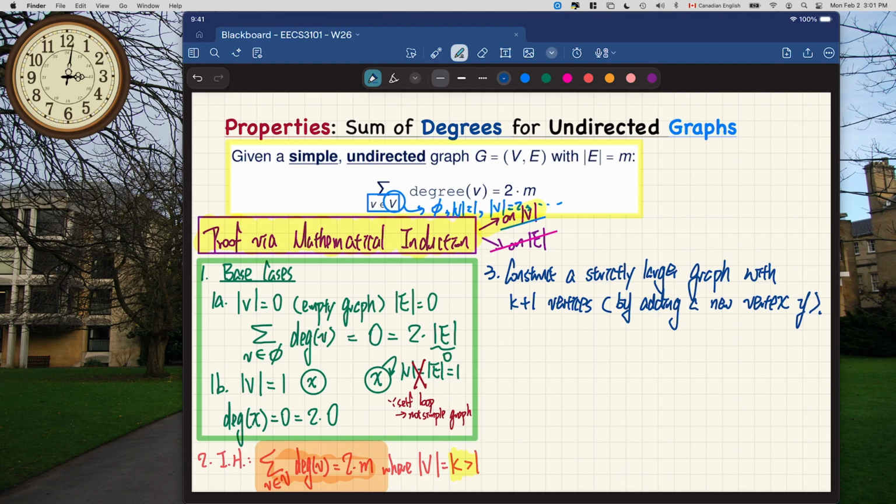Okay, it's just a very simple sentence to say that's what we intend to do. Okay, and then we'll visualize it. Just give me one moment. So this is a very important line to start with. Construct a strictly larger graph with k plus 1 vertices. Okay, and the vertex we want to add into the graph is called y, assuming that y does not exist in the old graph, right?